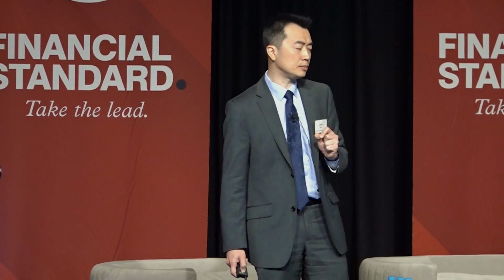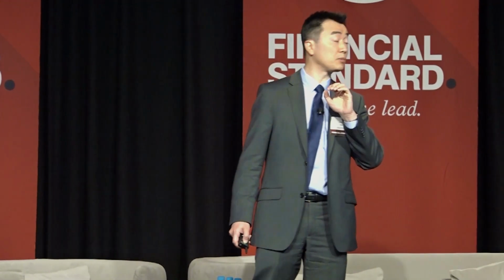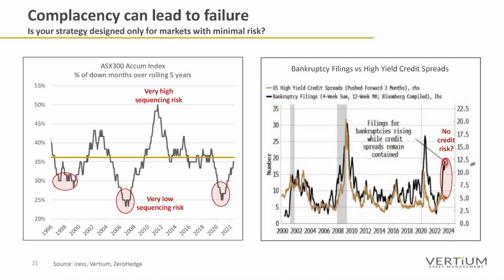Now, the first problem with these plans is that, yes, I know most people understand these plans, but the problems come because we end up being complacent, right? This is the first problem. Complacency can lead to failure, right? So when you think about equities, what about those times when sequencing risk was very low?